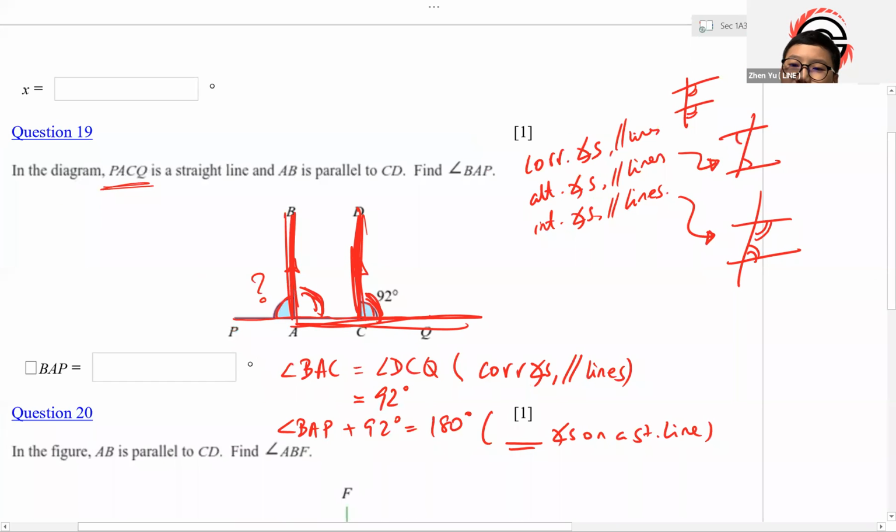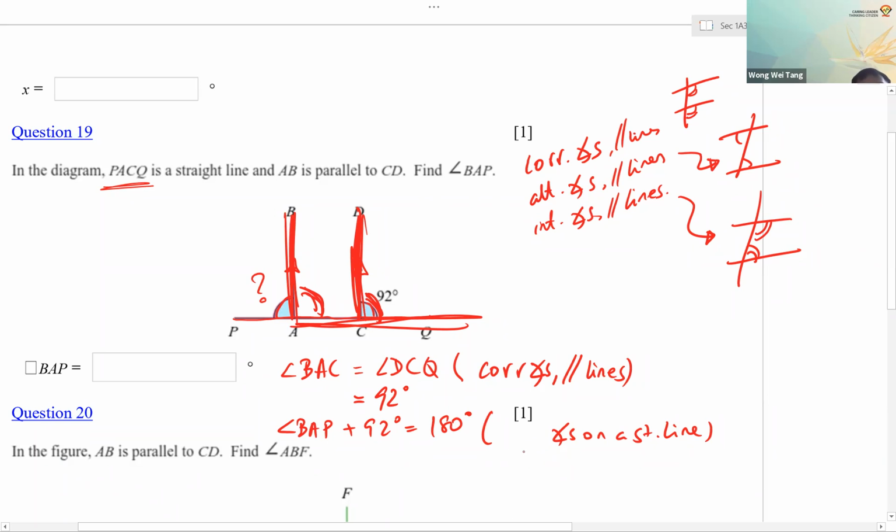Chelsea, what's the missing word? Anybody, what is the missing word? Adjacent. Can you hear that? Your friends are saying the correct answer already.